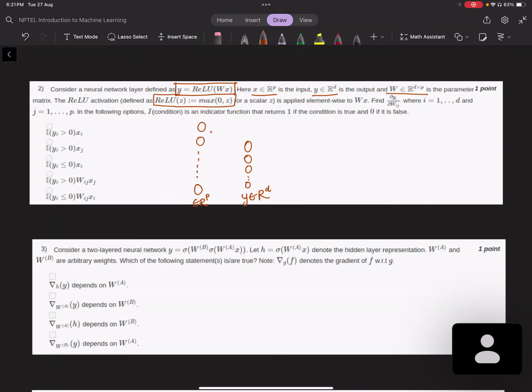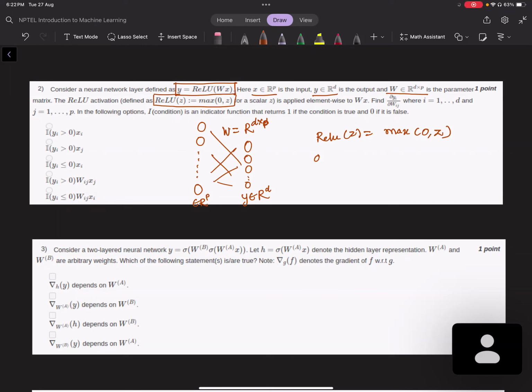There are weights here, so the weight matrix equals d cross p. Everything is ReLU, where ReLU of z equals max of 0 and z.